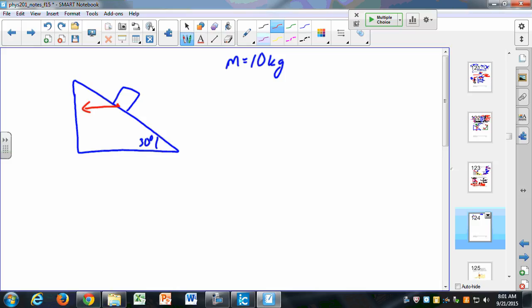I'll call it F. And let's say that F is 200 newtons. I want to know what is the acceleration of the block.